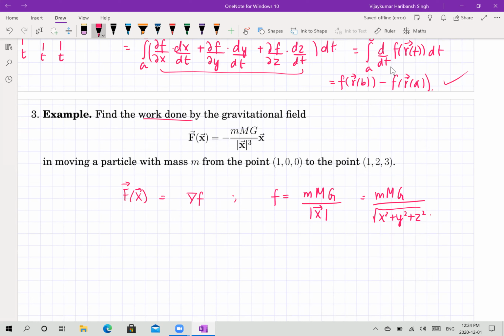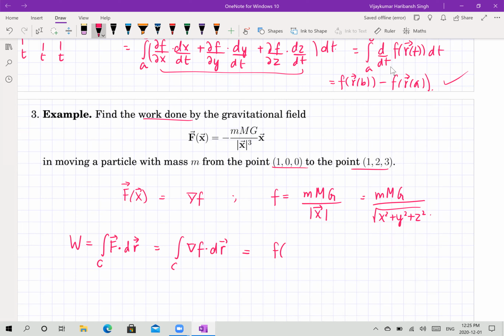So here we have W equals the line integral over curve C of F dot dr. But in this case, we know that f is a potential function for F, so this is the same as the integral of grad f dot dr. From the previous result, this is going to be f of rb minus f of ra.